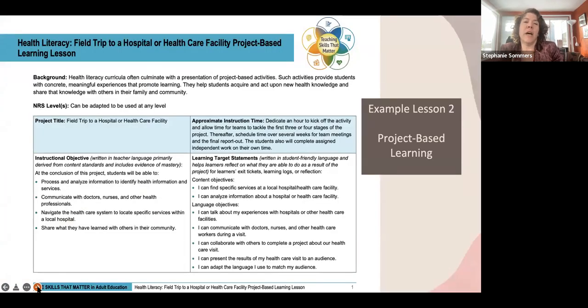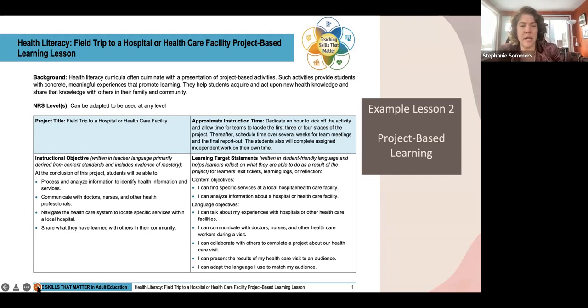Okay, the project-based learning lesson here talks about planning a trip to a hospital or healthcare facility. I will say these lessons were developed pre-COVID. I'm sure no one's going out right now to visit a healthcare facility as a field trip.